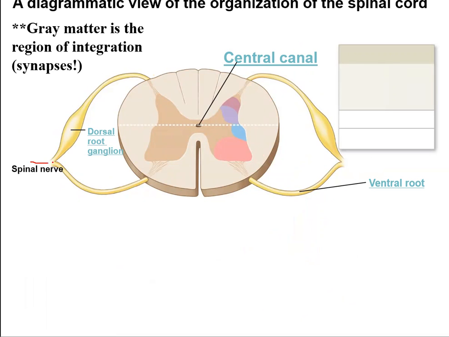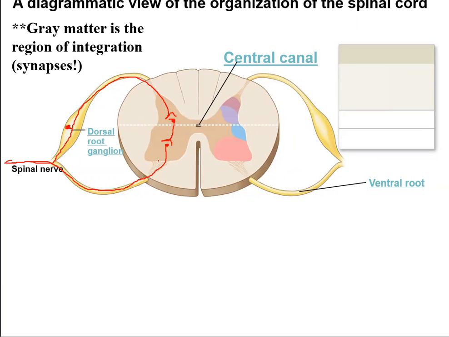As we know, sensory information, or afferent information, enters the spinal cord here via the dorsal root. Remember that the dorsal root ganglion has all of these neuron cell bodies grouped together. Synapses with interneurons, and some of those interneurons can immediately trigger a motor response, and that signal travels out and down the ventral root here via these efferent neurons.